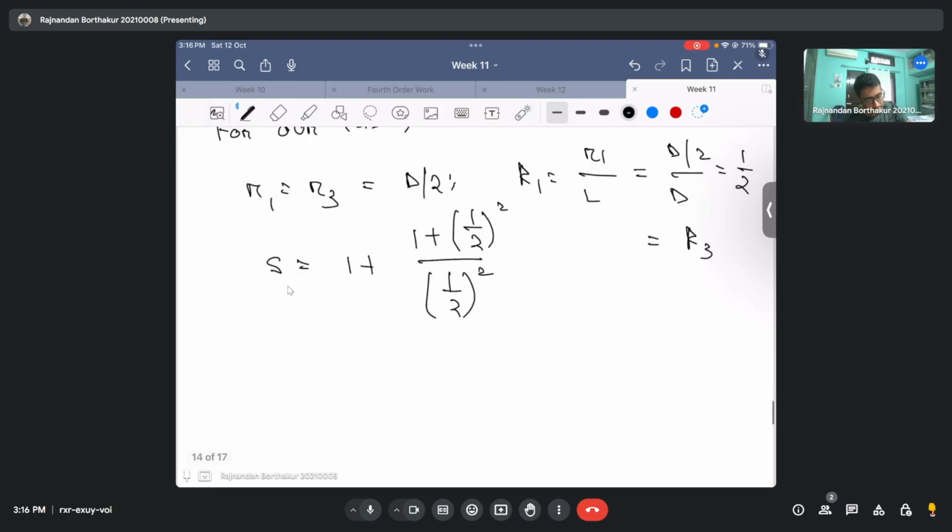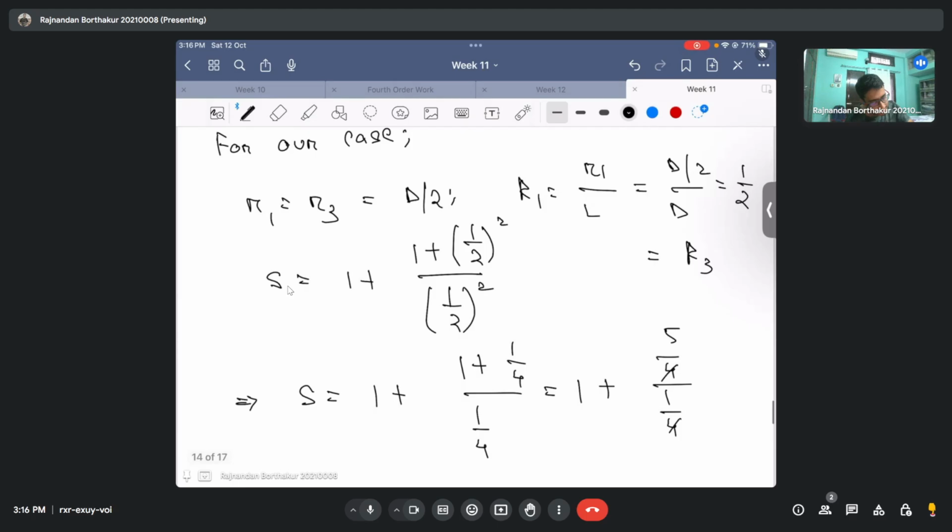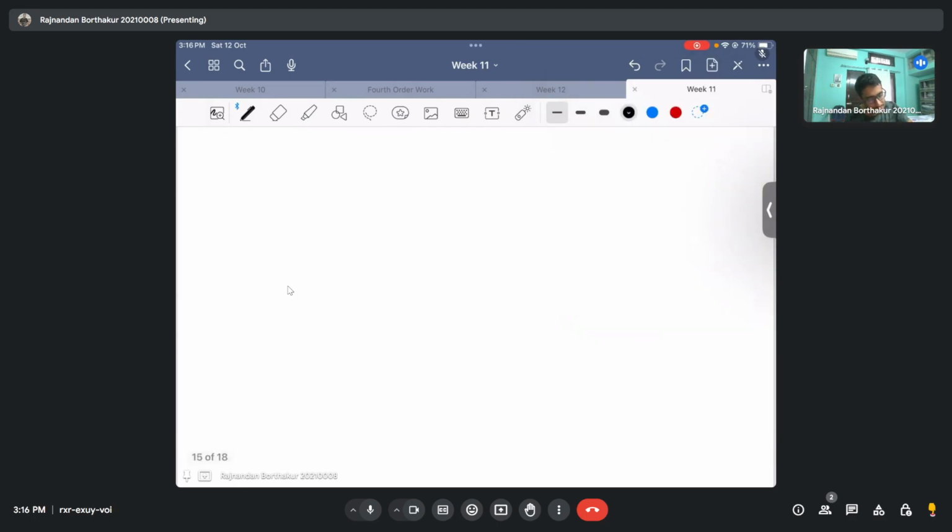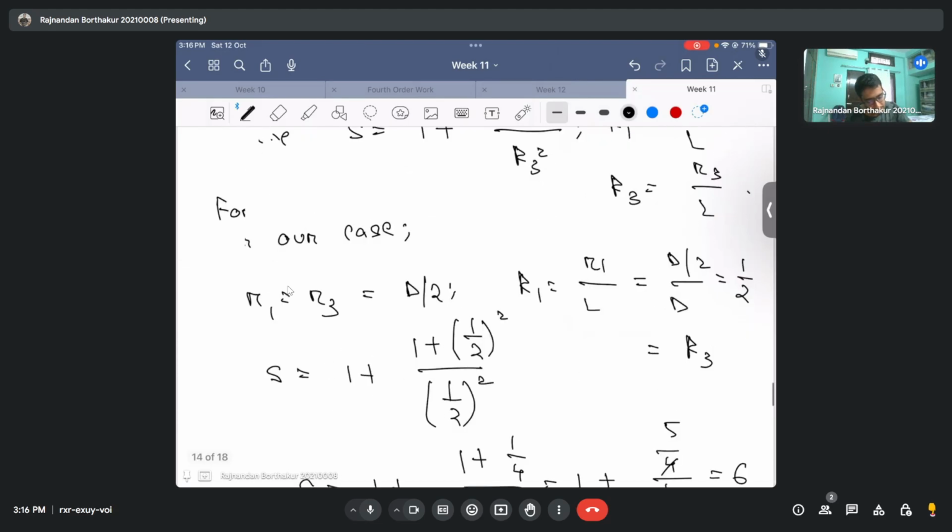Which means my S simply turned out to be 1 plus 1 by 4 divided by 1 by 4. If you calculate, this becomes 5 by 4 by 1 by 4, which means my S simply comes out to be equal to 6.